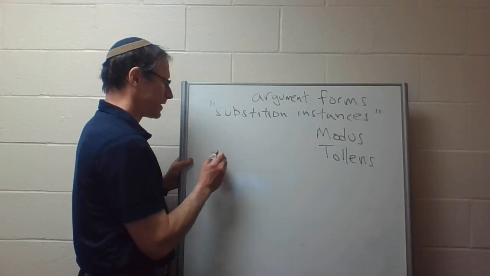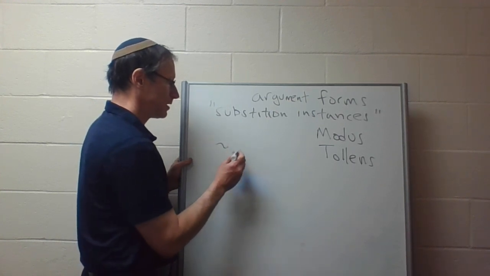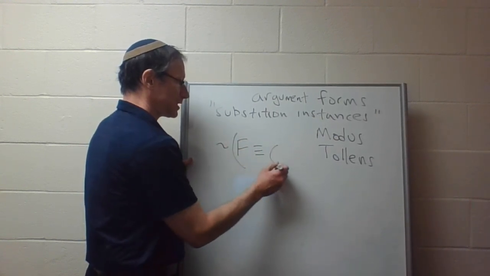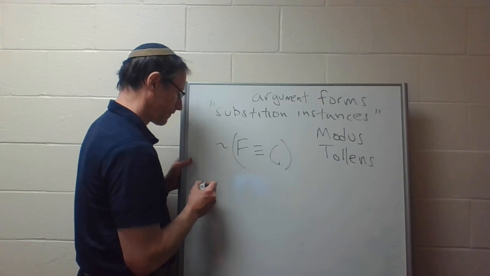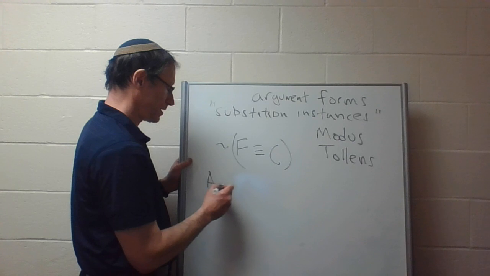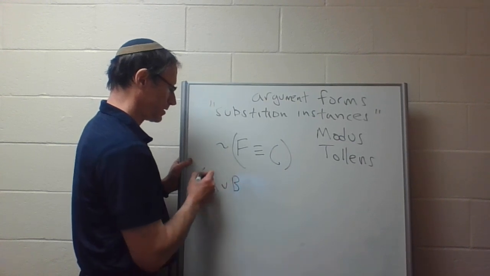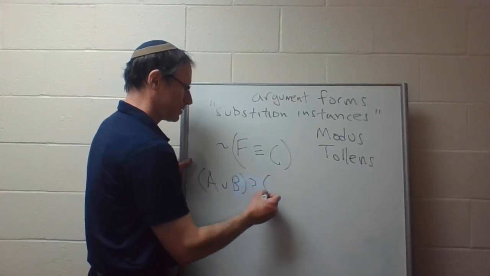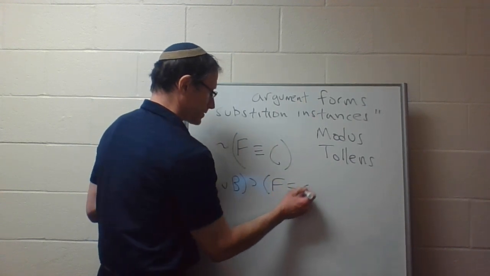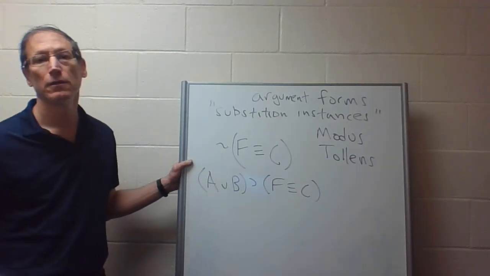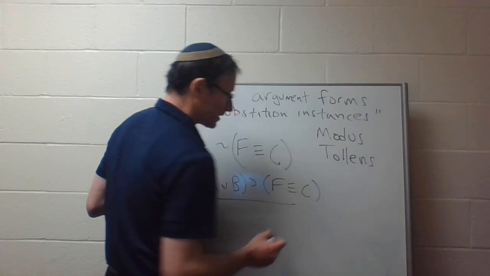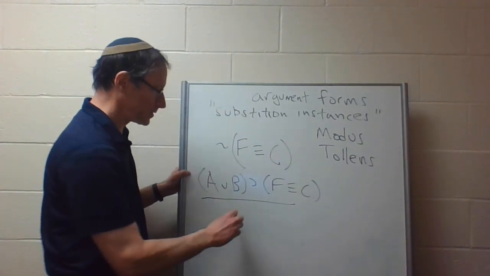If I have something like not F biconditional C, and then I have A wedge B horseshoe F biconditional C. What can I infer? Or what would be a good example of modus tollens?